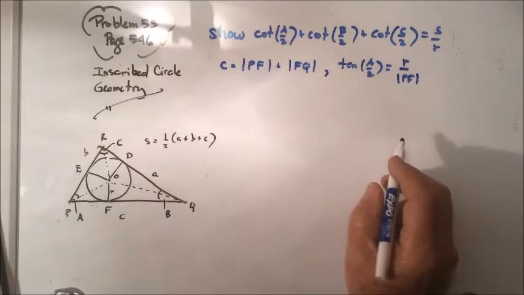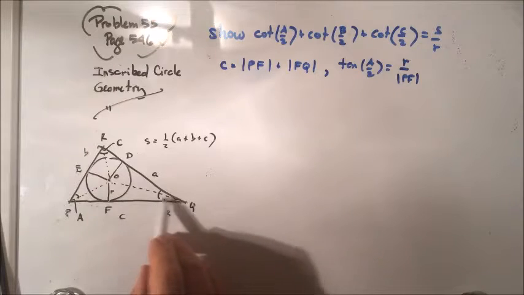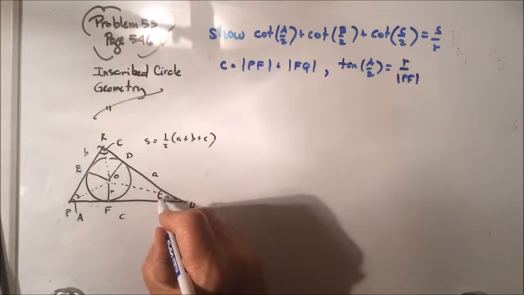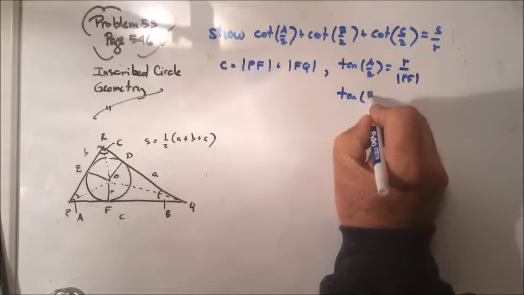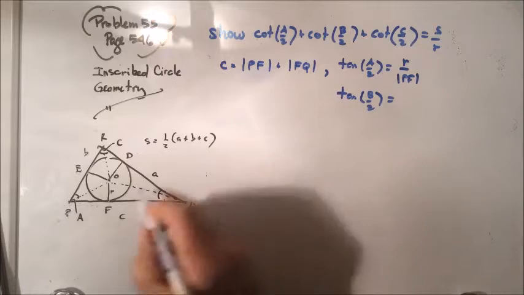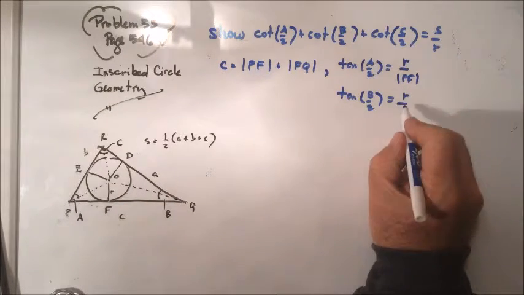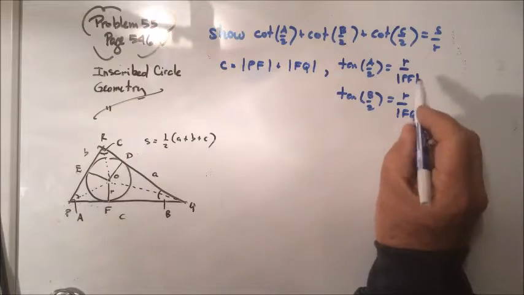Okay, and likewise, let's do the same thing looking at this triangle. The tangent of B over 2 is going to be the opposite over the adjacent, or R over FQ.